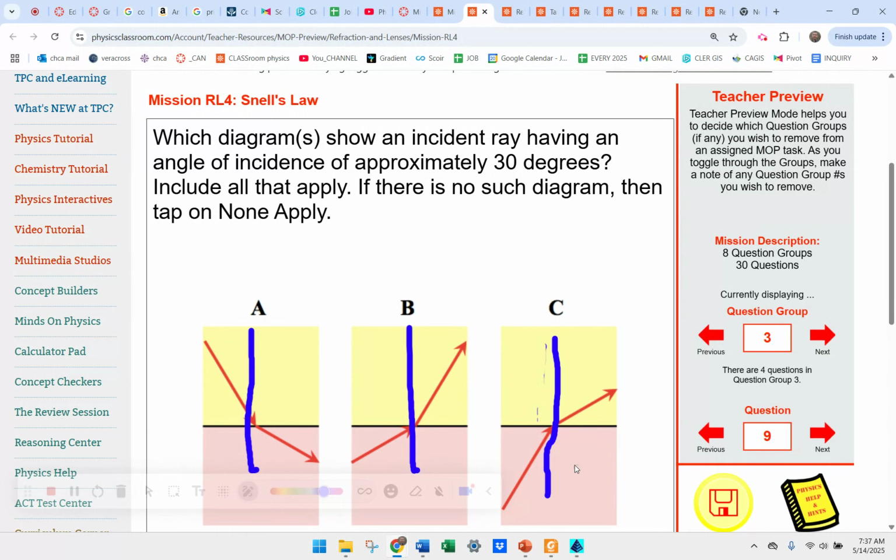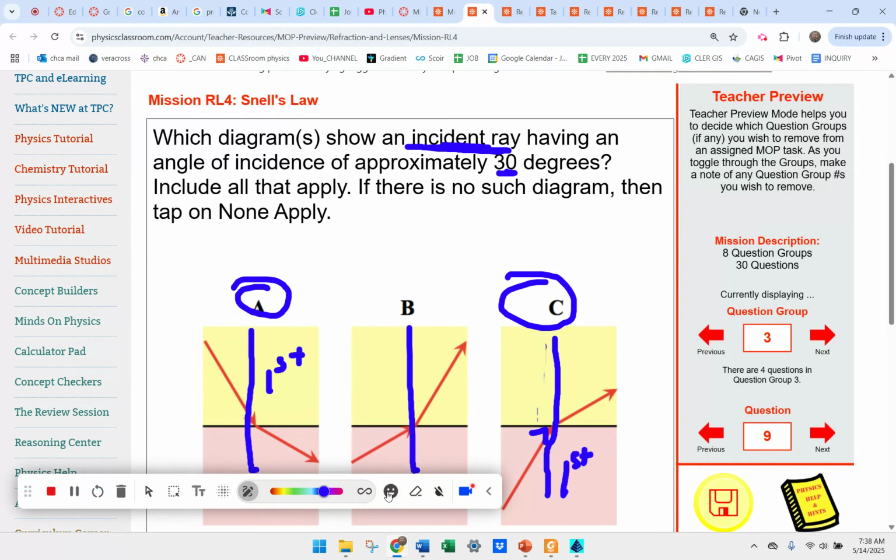And remember, this is the first side here because of the direction of those arrows. Since it's looking for an incident ray, you're looking for the first side of 30. Here you would have A, that'd be a 30 degree. This is an angle of refraction of 30, but not incidence. The incident down here would be 60, and right here it would also be 30. So this one would be A and C.